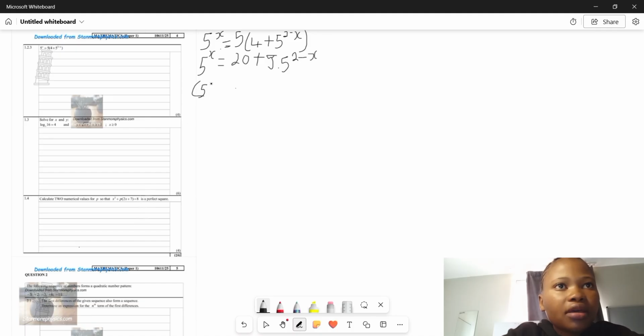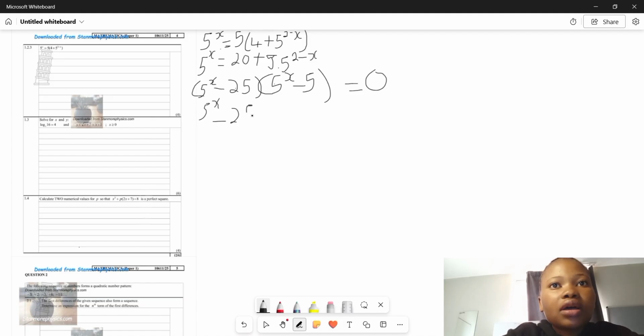Now we have 5^x minus 25. By the way, what happened here is that we multiplied, and we moved the other part to the other side.